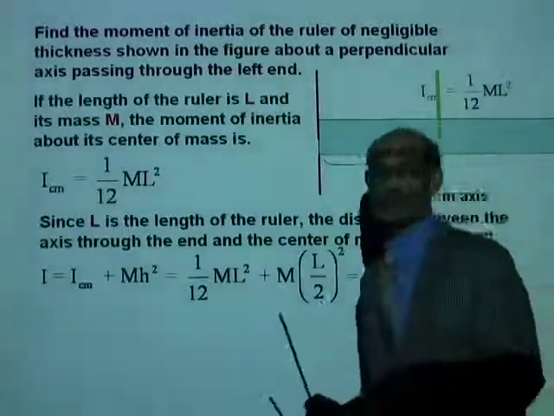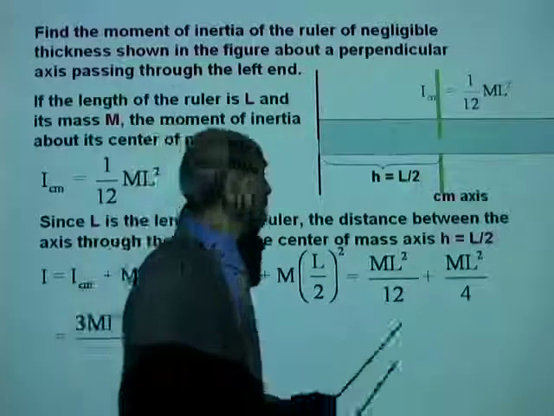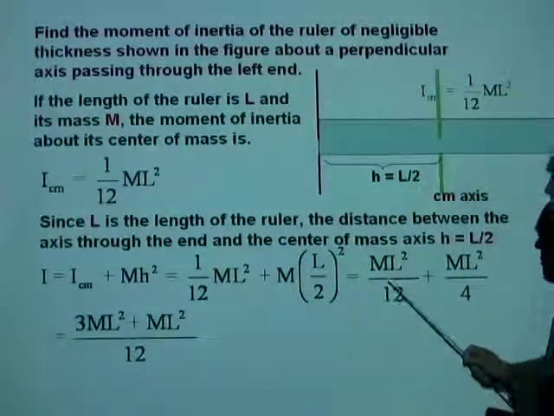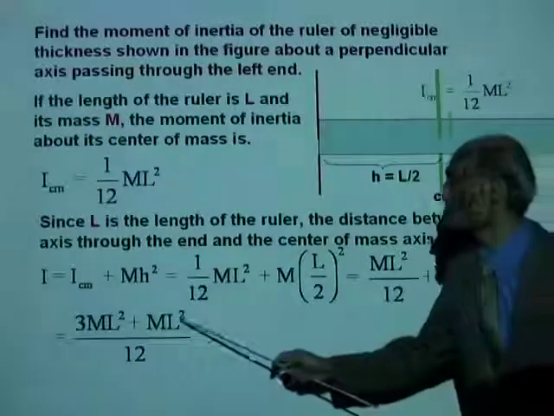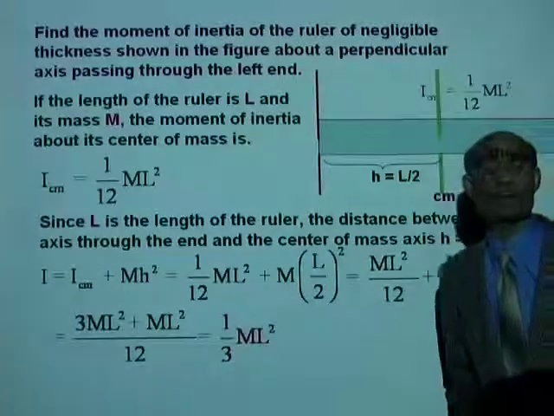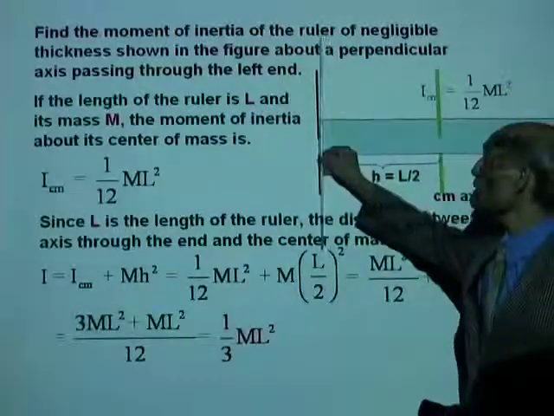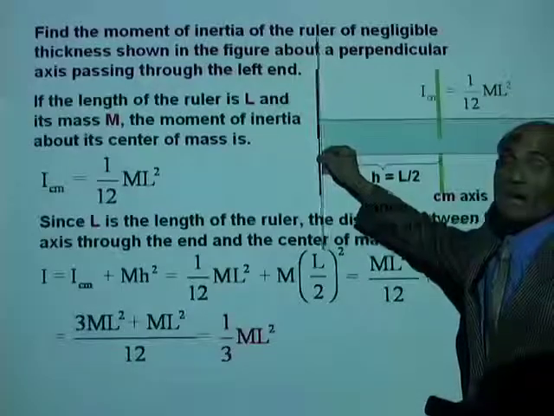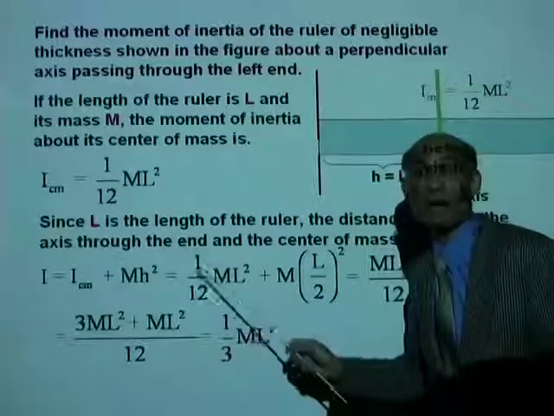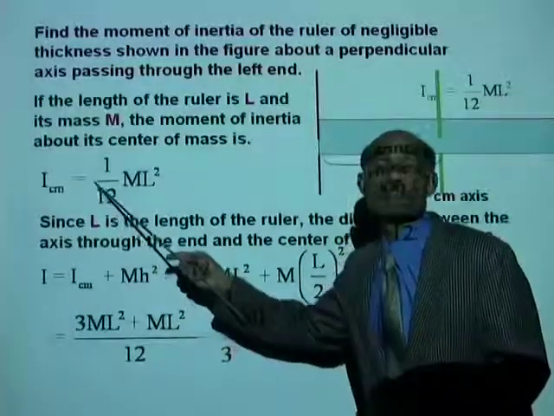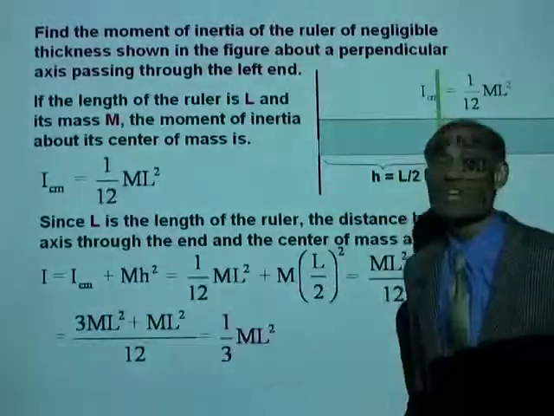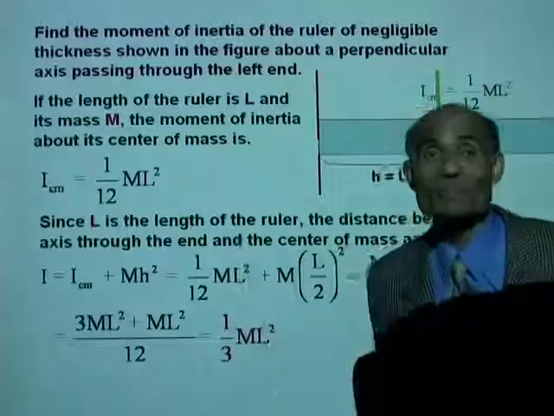And what is that equal to? With 12 as the common denominator, it will be 3 ml squared plus ml squared over 12, that will be 1/3 ml squared. So the moment of inertia of the ruler about an axis through its end is 1/3 ml squared, whereas the moment of inertia of that ruler about an axis through its center of mass is only 1/12 ml squared.